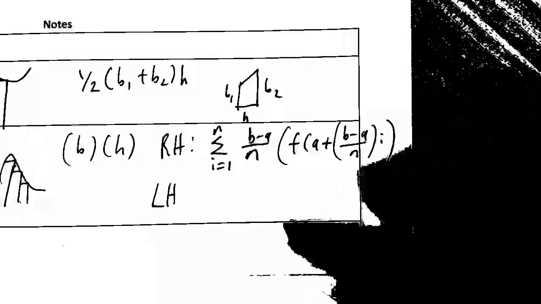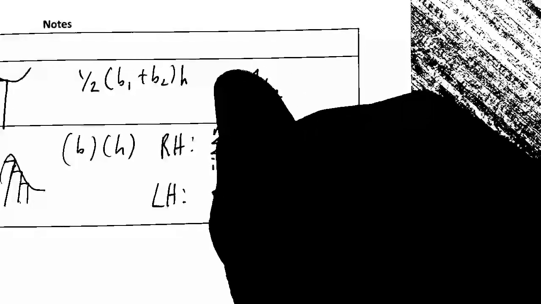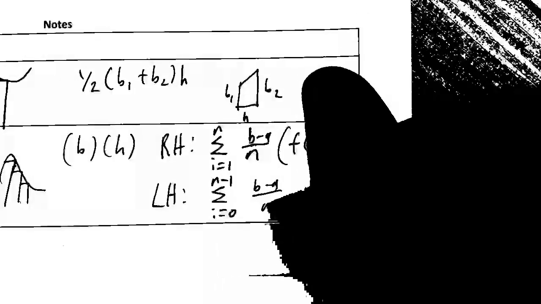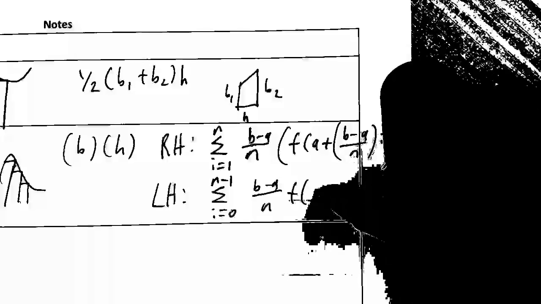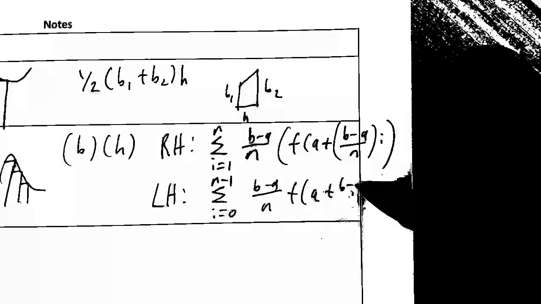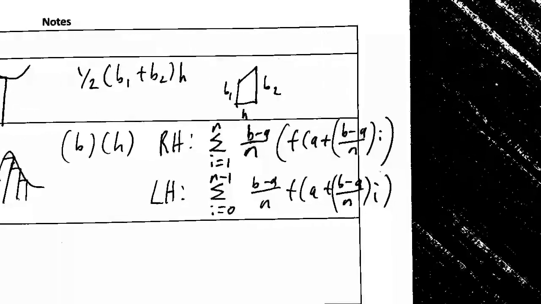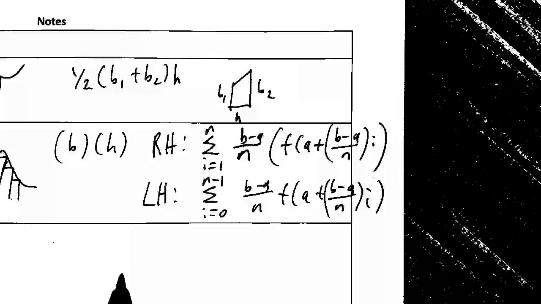and the height is the output of that first term plus the width times i. Left hand is the exact same. The only change is that we switch i to start at 0, and then the n to be n minus 1. Everything else is the same. It's b minus a over n times f of a plus b minus a over n times i. So left-handed, we start at 0.